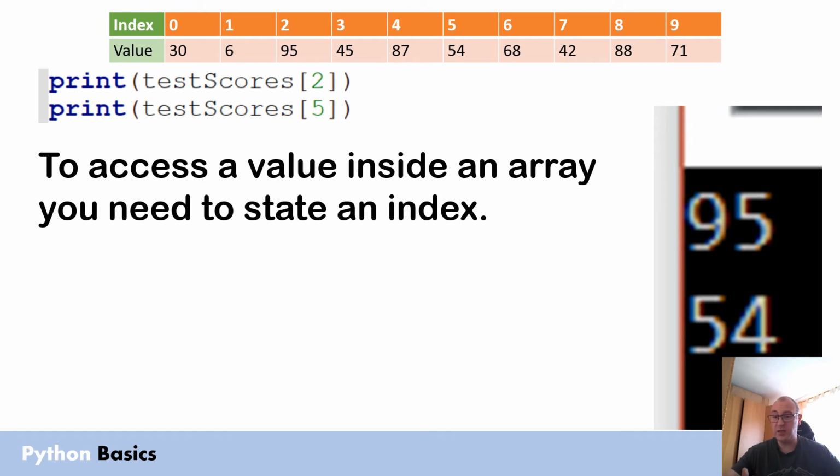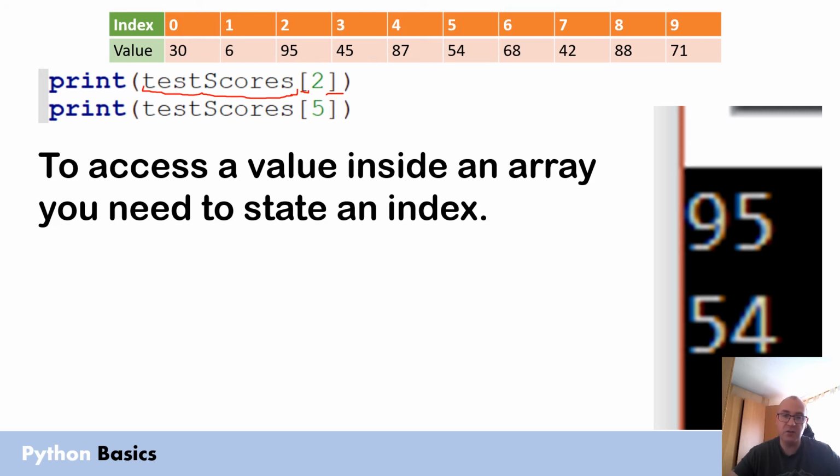So let's look at the code to access some of these values. This array is called test scores, by the way. You need to supply the name of the array first. That's important. You then have to use these square brackets. That becomes our way of accessing values inside arrays, so you're going to get very used to that, hopefully. And then we have to supply the index.